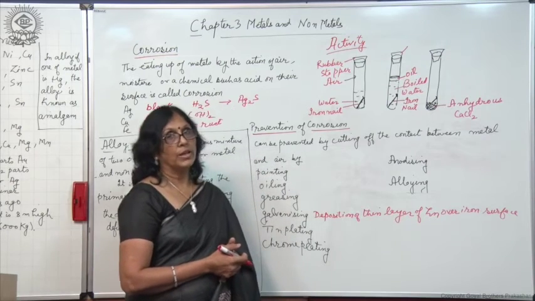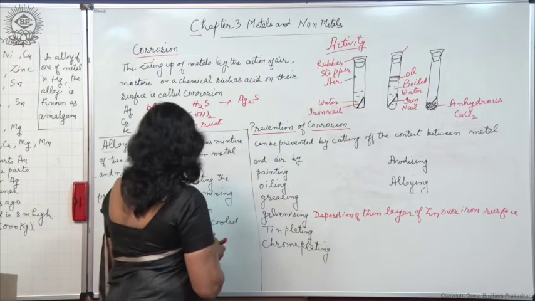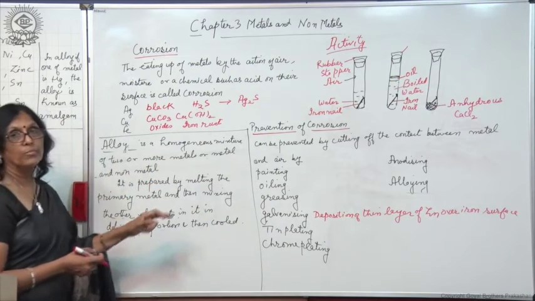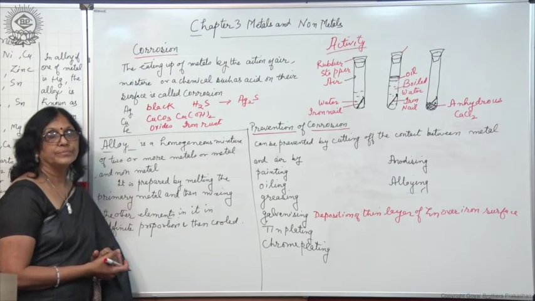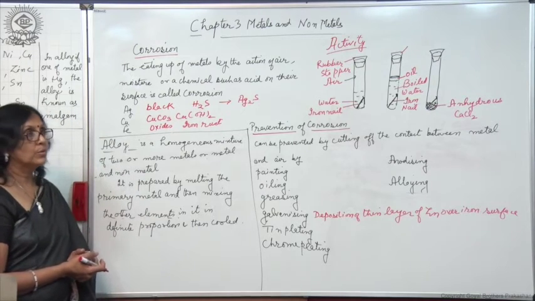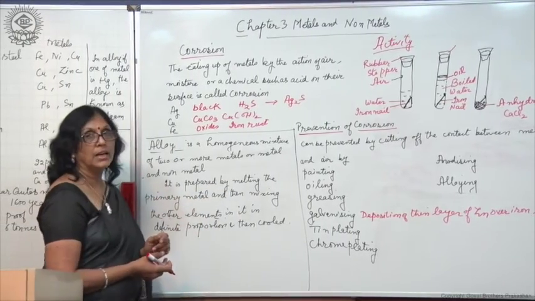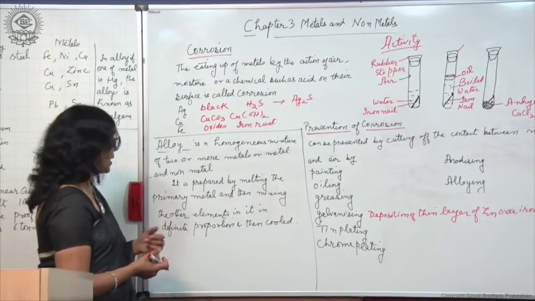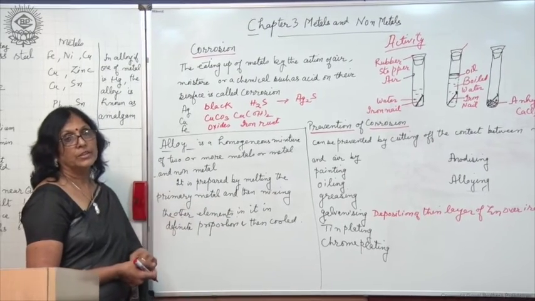So, what is an alloy? An alloy is a homogeneous mixture of two or more metals or a metal and non-metal. How can an alloy of a metal be made? It is prepared by melting the primary metal and then mixing the other elements in it in a definite proportion.